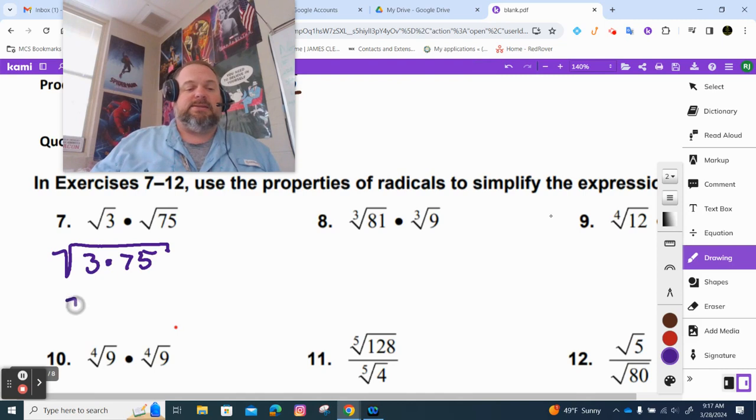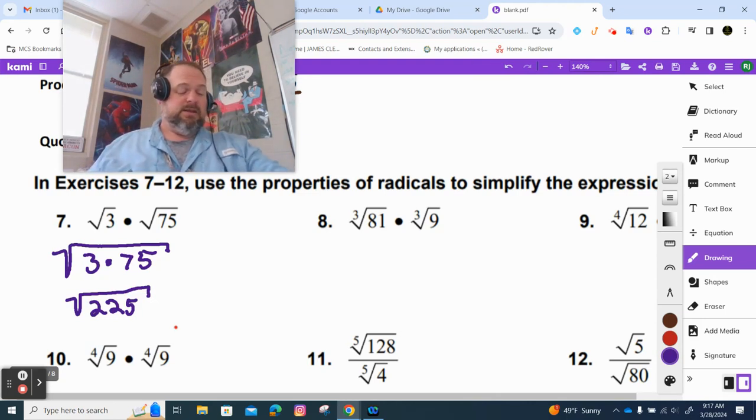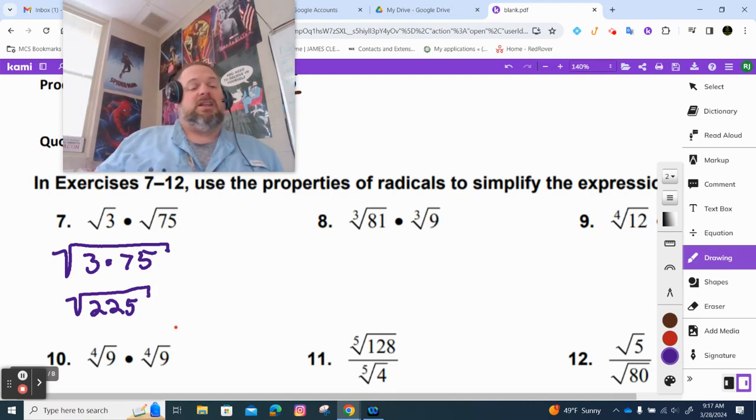What is 3 times 75? 225. Is there a square root of 225?